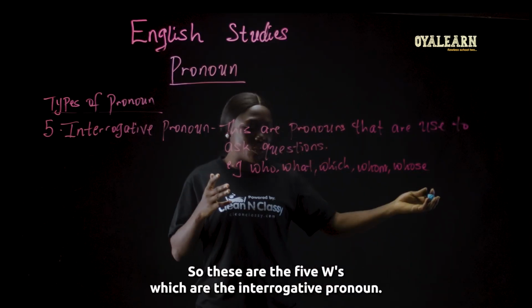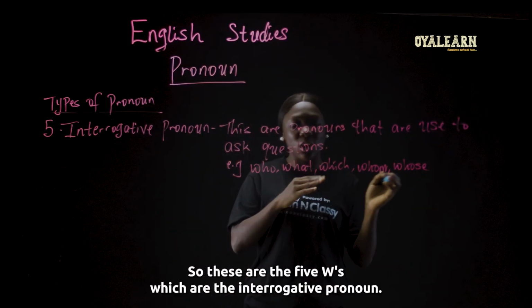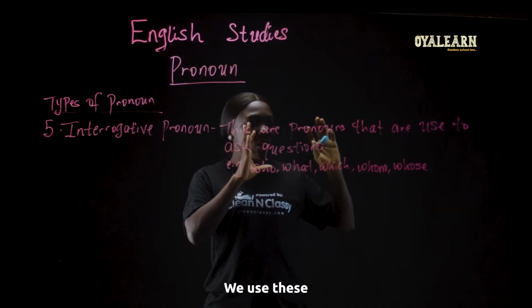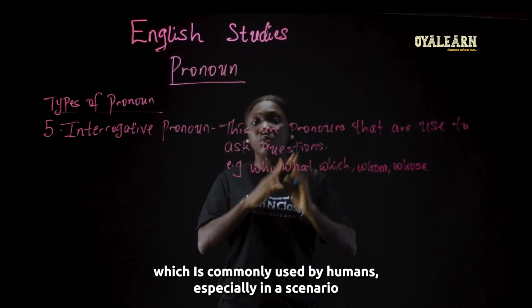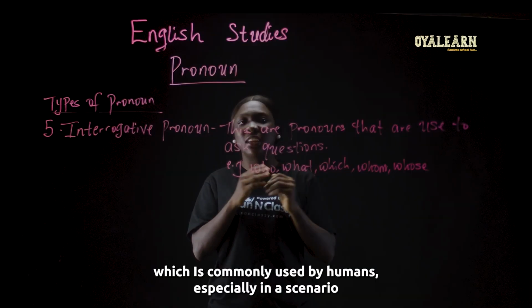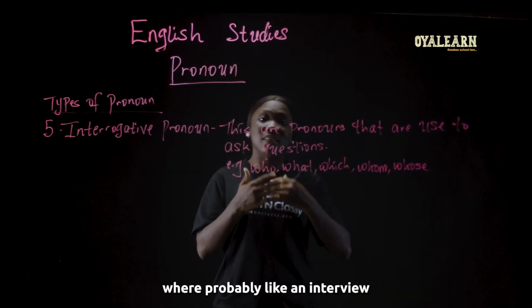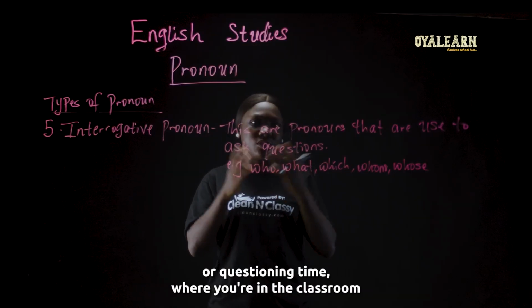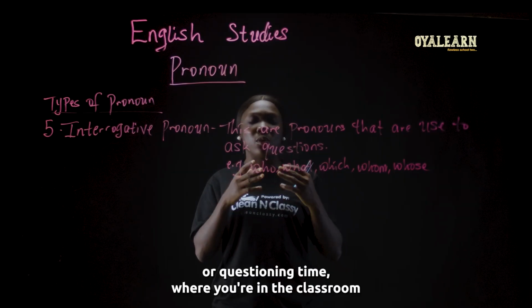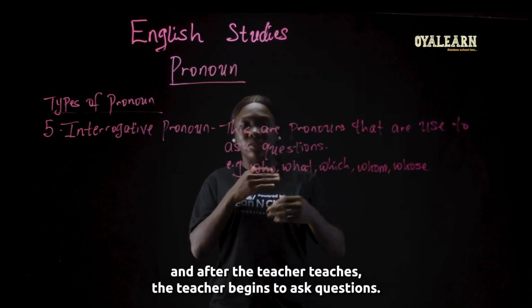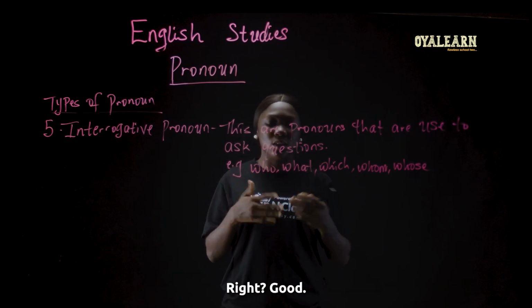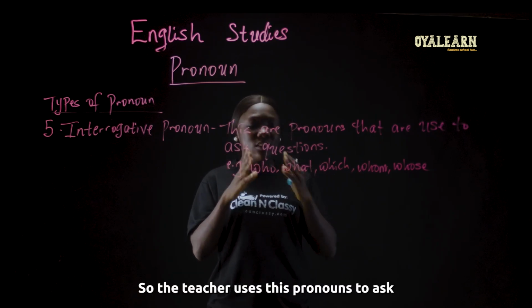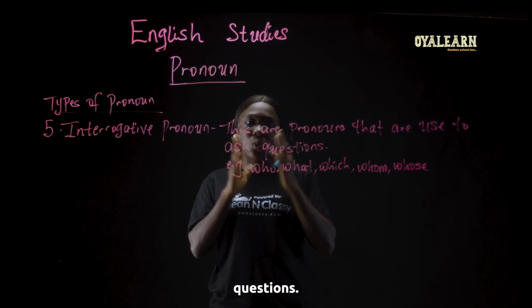So these are the 5 W's, which are the interrogative pronouns. We use these pronouns to ask questions. It's commonly used by humans, especially in a scenario like an interview or questioning time, where you're in a classroom and after the teacher teaches, the teacher begins to ask questions, right? Good. So the teacher uses these pronouns to ask questions.